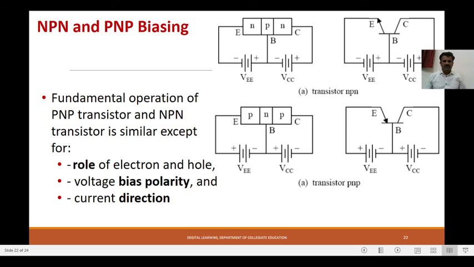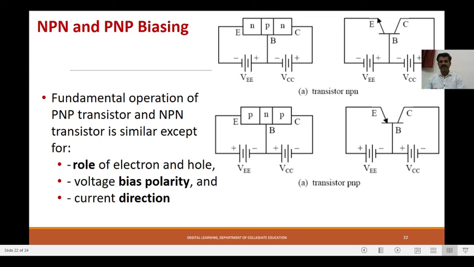Now we will see what these NPN and PNP biasings are and how they differ. As I said earlier, the fundamental operation of a PNP transistor and an NPN transistor is similar except the role of electrons and holes. Earlier, the electrons flowed from emitter to base and then collector.